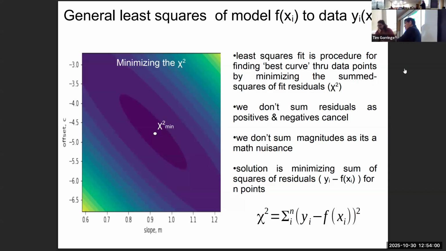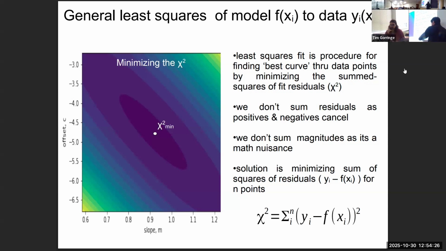The function is a straight line, like y equals mx plus c. It has a slope, we'll call it m, and an offset, we call it c. So you can think of the value of chi-squared as a function of m and c, the slope and the intercept.